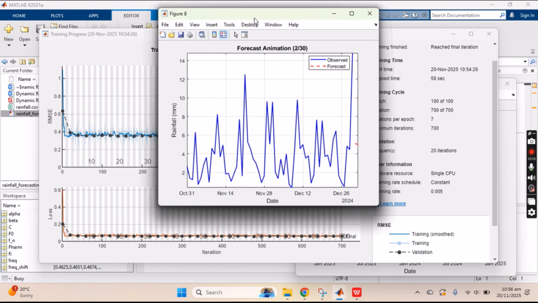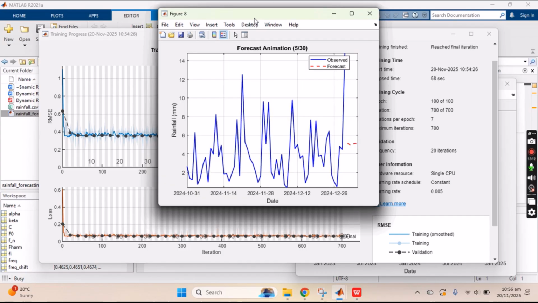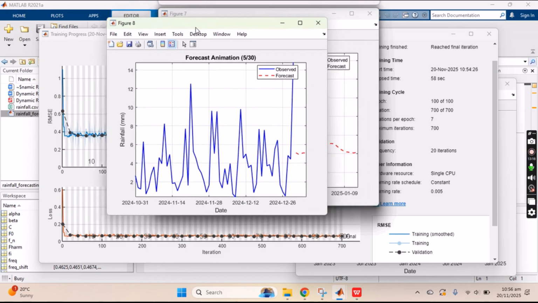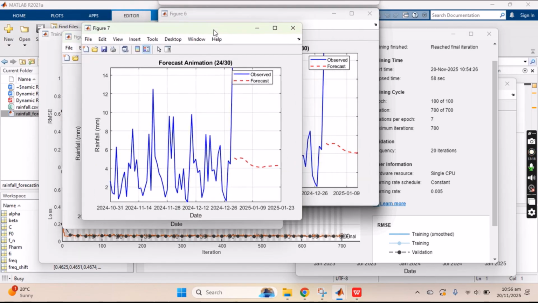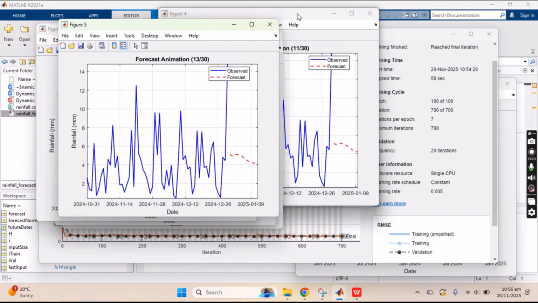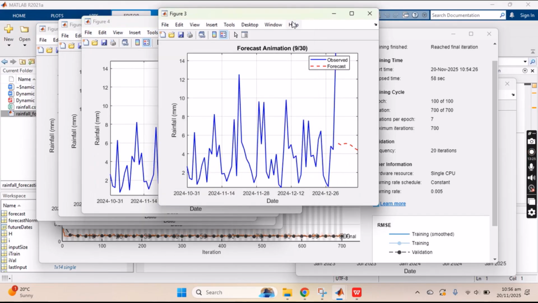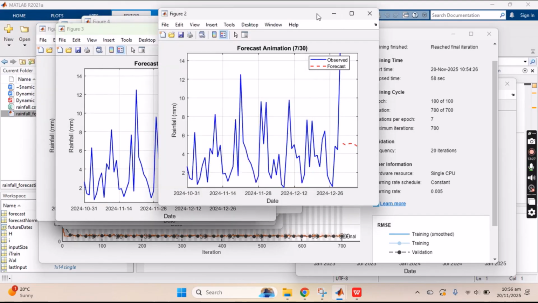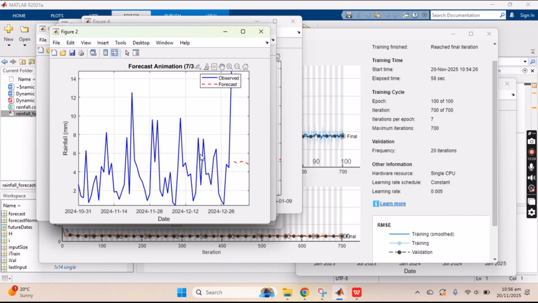See, these are the predictions accordingly. So here you can run the MATLAB files and you will get the output results accordingly. These are the MATLAB results accordingly. Okay. Thank you.